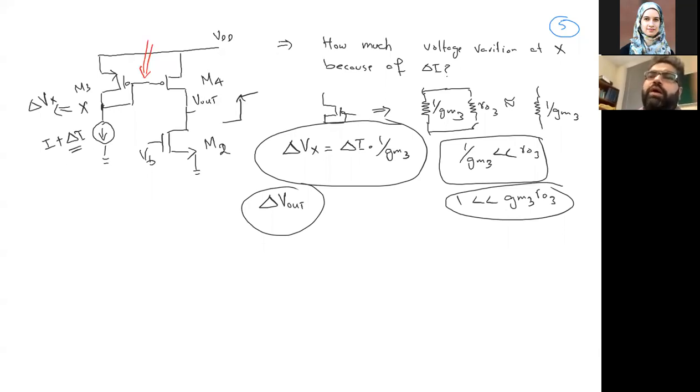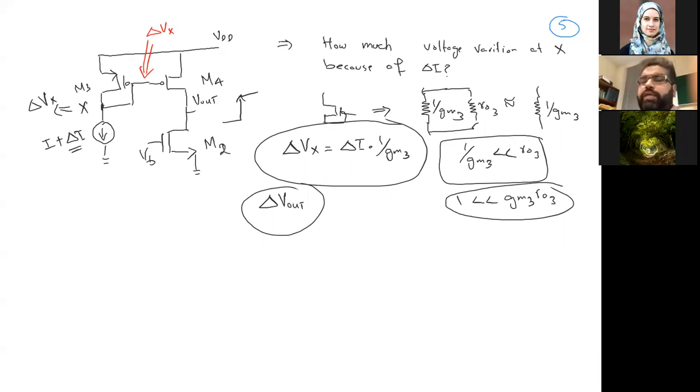This point now has delta Vx, and this small variation at this point is reflected on the point V out, converting into delta V out. I can easily write the relation of delta V out by delta Vx, similar to what you have done in the quiz and in your previous lecture.